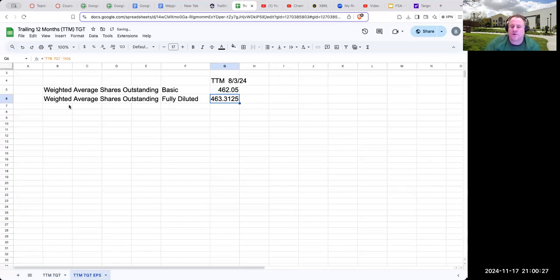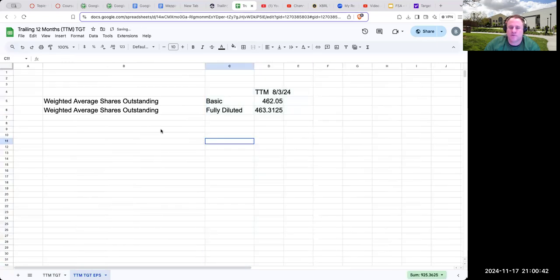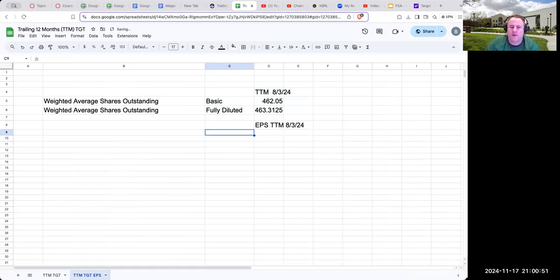Okay. Now that I have my basic and fully diluted trailing 12 months, I've got my basic and fully diluted earnings per share to work out. Now I need to figure out what my earnings per share was for the trailing 12 months ended 8/3/24.